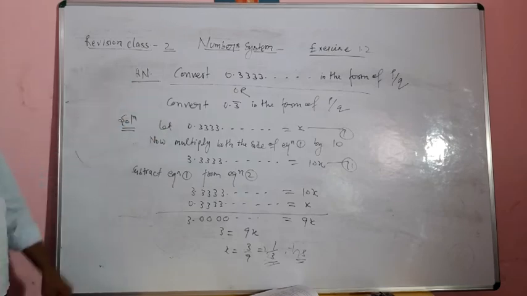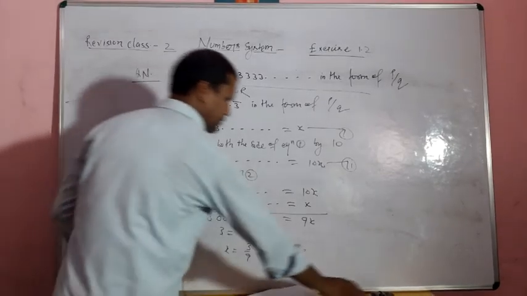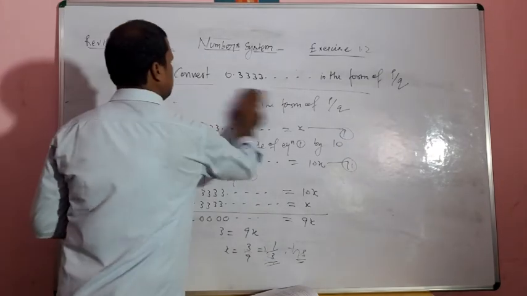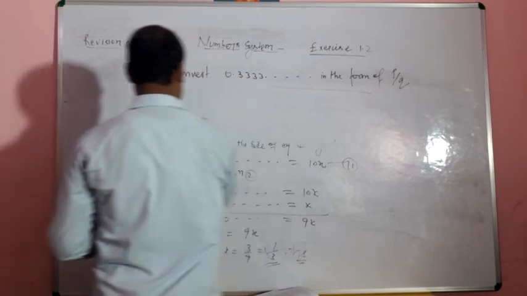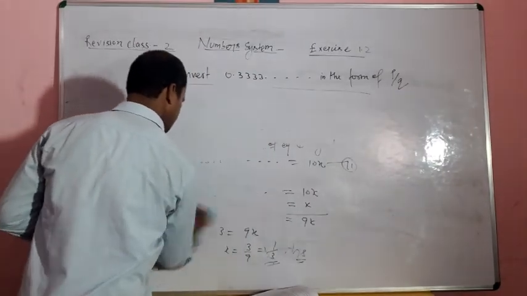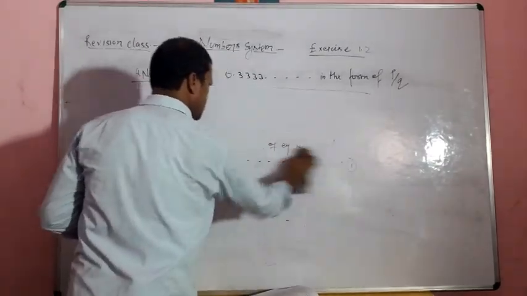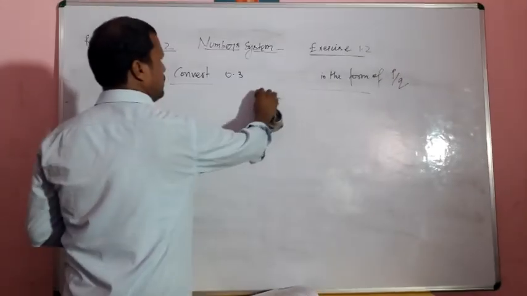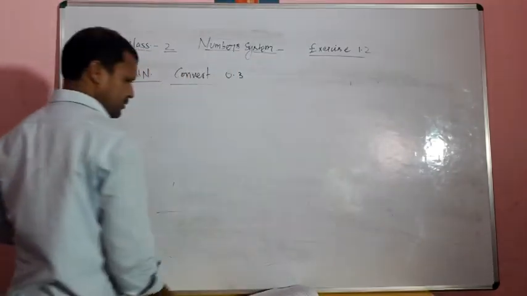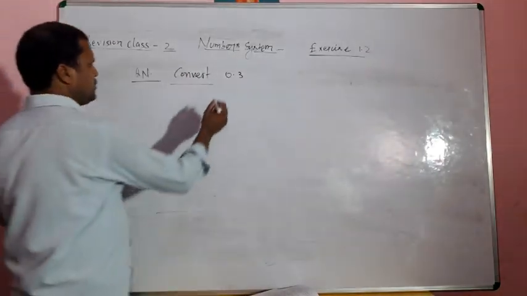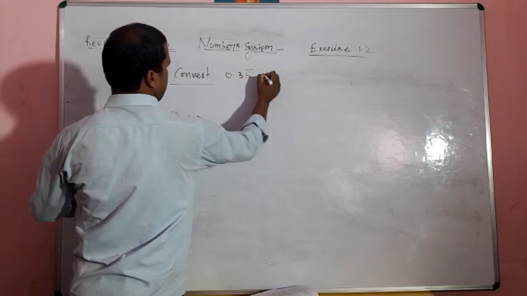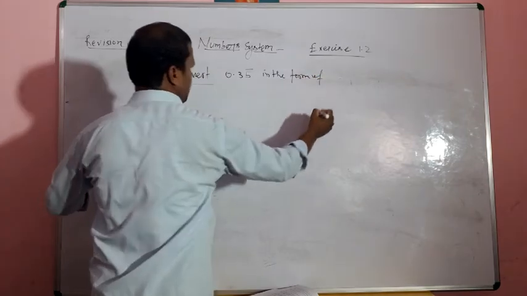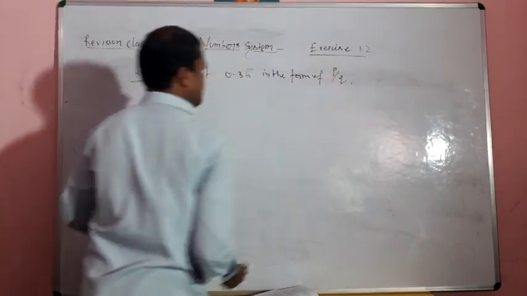See, one more question. Question is: convert 0.35 bar in the form of p by q.